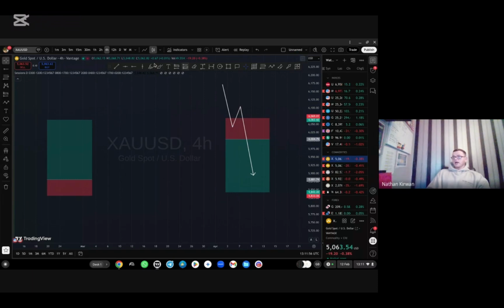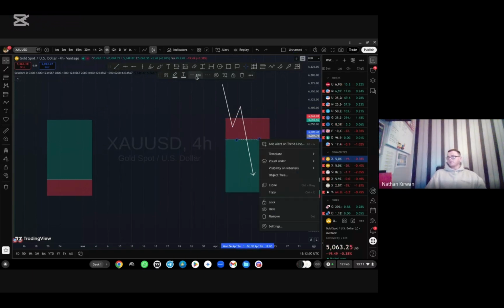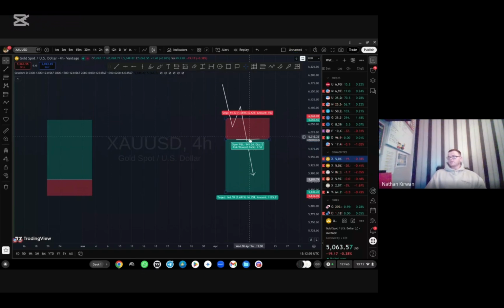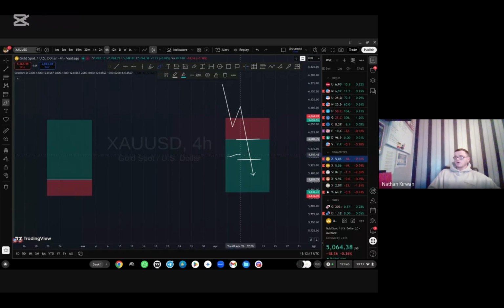Say we had our entry here and price blitzes through, and we might only get entered again down here. And why do we not want that? Because we're missing out on all of this money in here, and that's called slippage.